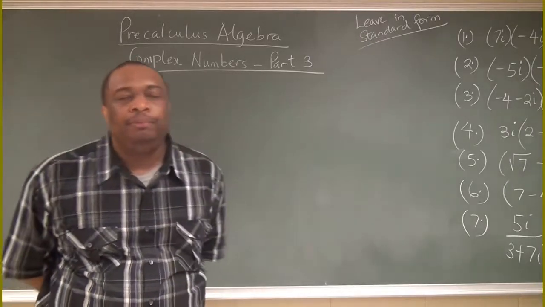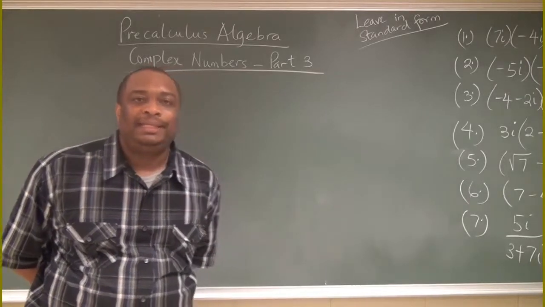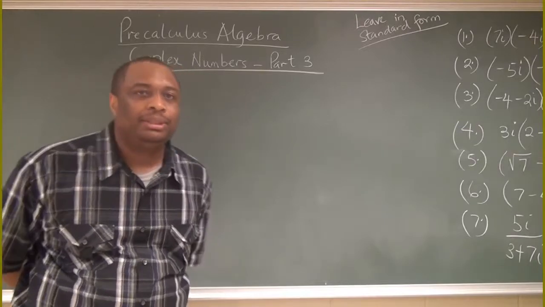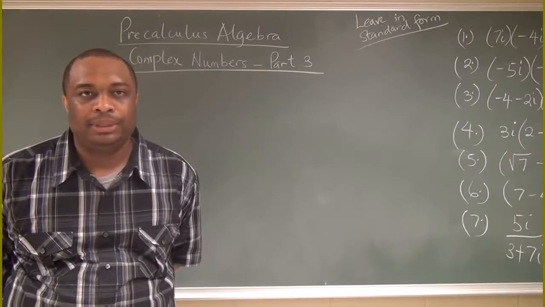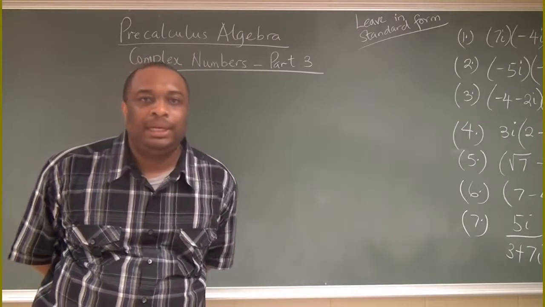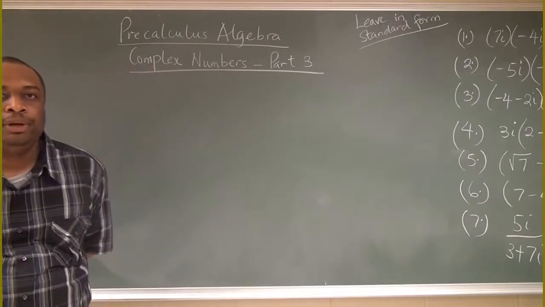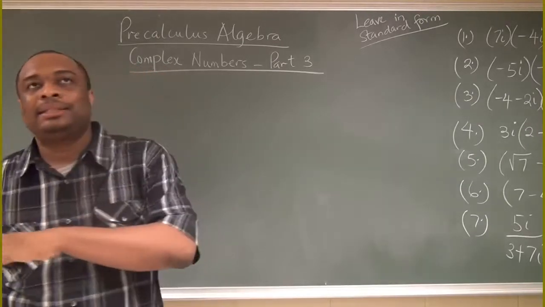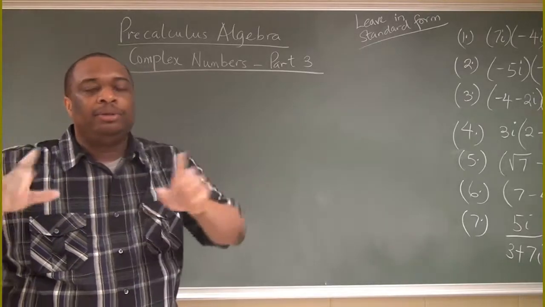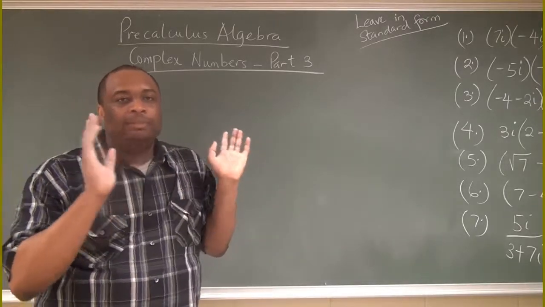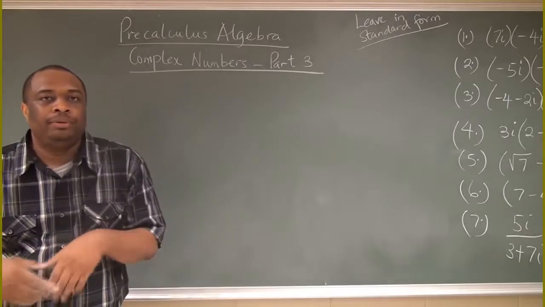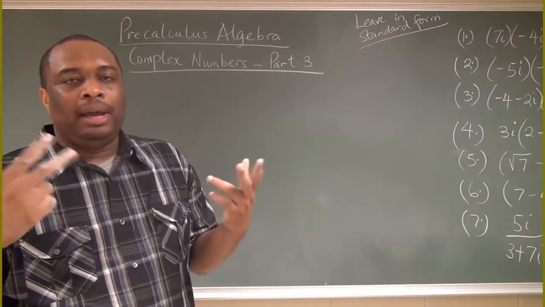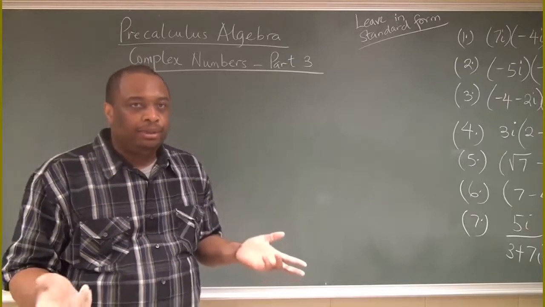Please, before you view this video, it is highly recommended that you view the videos I did on polynomials. It is very important, especially as regards multiplying polynomials, when you have to multiply a monomial by a binomial, and when you have to multiply two binomials.